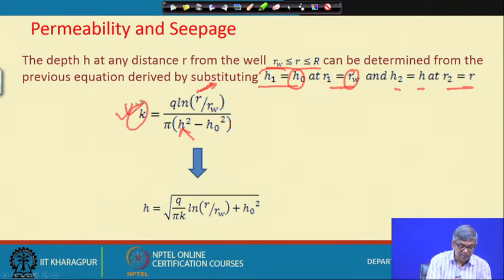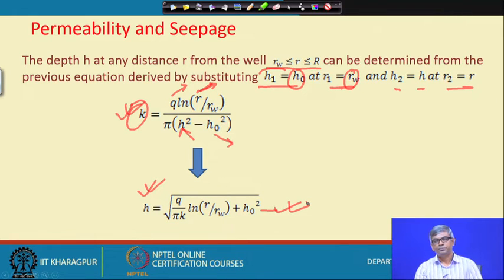If k, q and H naught are already determined, then H can be determined. Simplifying, H square equals q by pi k ln R by R W plus H naught square. From this equation one can find the value of H.